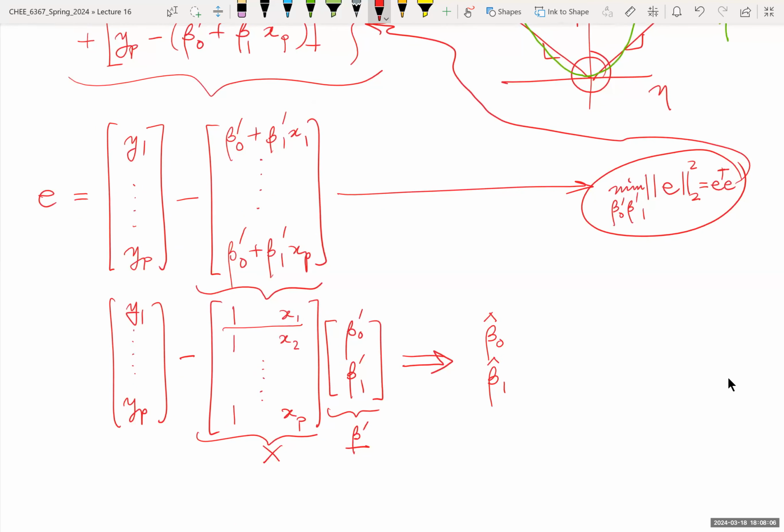Okay, so this is my vector. The values of these, which minimize the sum of the squared errors, are given as a solution of the equation x transpose x times this vector beta hat is equal to x transpose y.